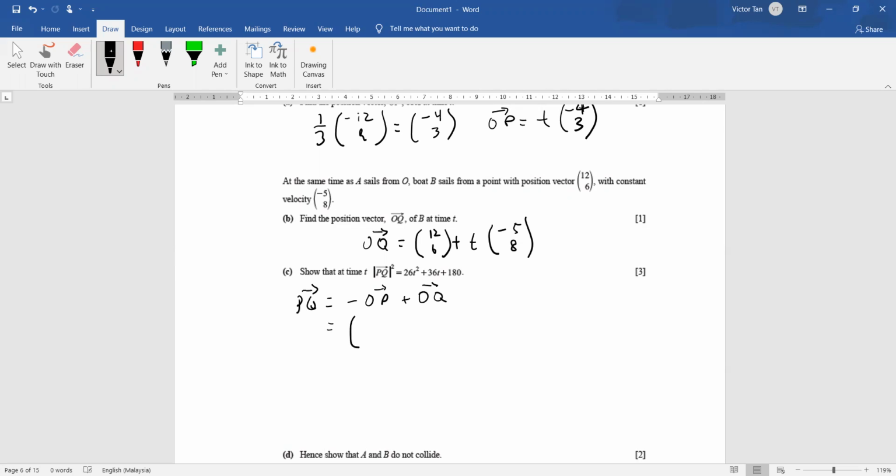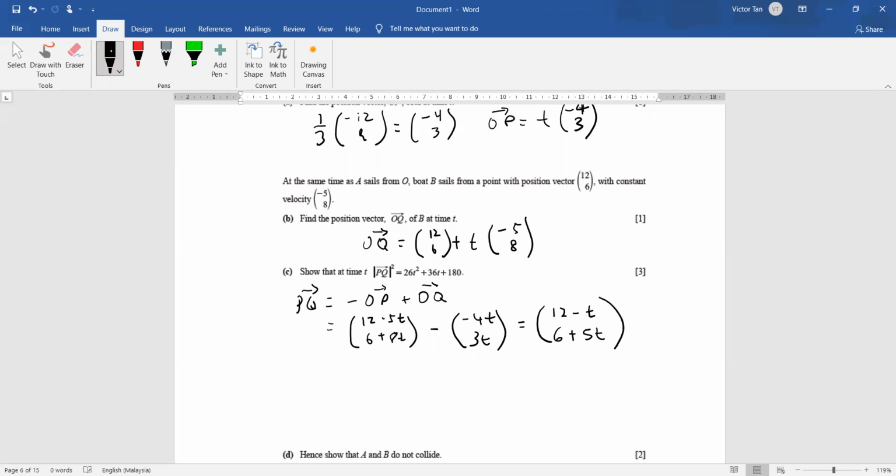So this will be 12 minus 5t, 6 plus 8t, this is OQ, minus 4t, 3t... So this will equal 12 minus 5t plus 4t, so 12 minus t, and 6 plus 8t minus 3t, 6 plus 5t.